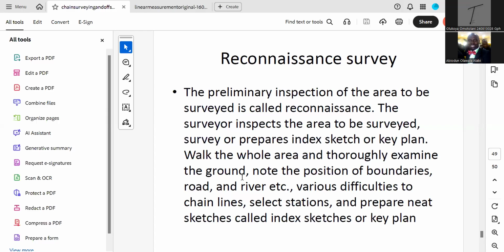So during the reconnaissance survey, the surveyor will produce index sketches or key plan in his planning for the main work.